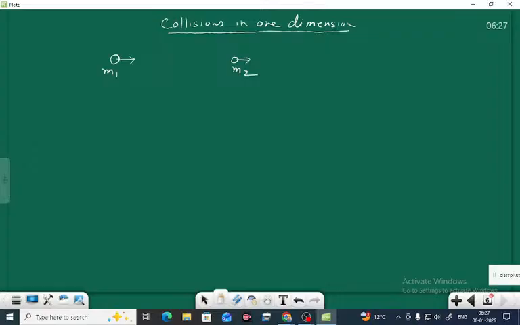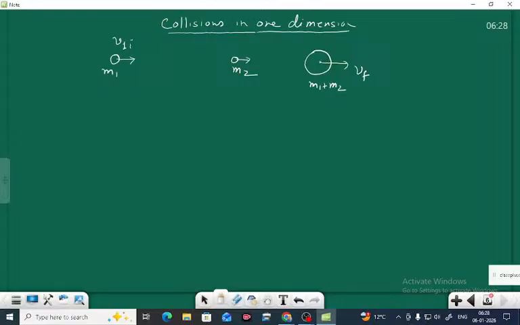After colliding, the mass will be like this, M1 plus M2, and the velocity of this particle is the final velocity, and this is the initial velocity V1.